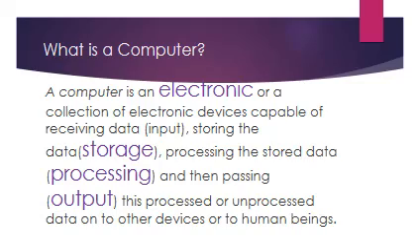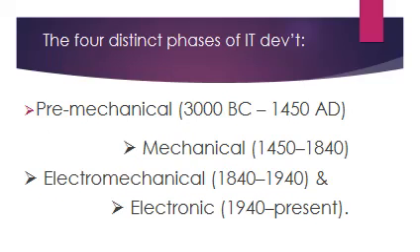You can repeat the same thing for your digital watch, your calculator, your modem, the microwave, and these are all computers because they all meet the definition. Just take note that the output can be to another device or to human beings.